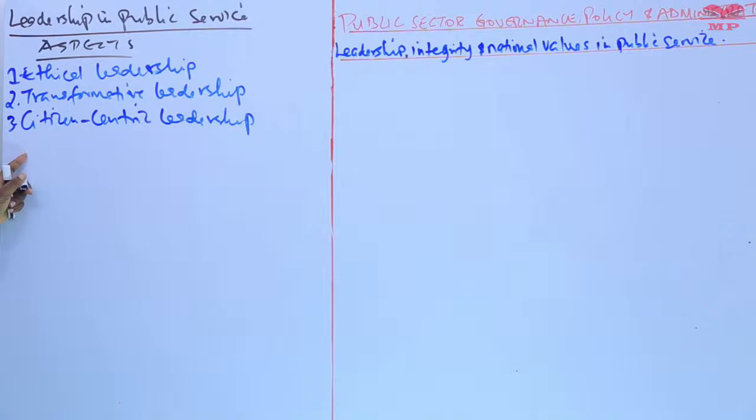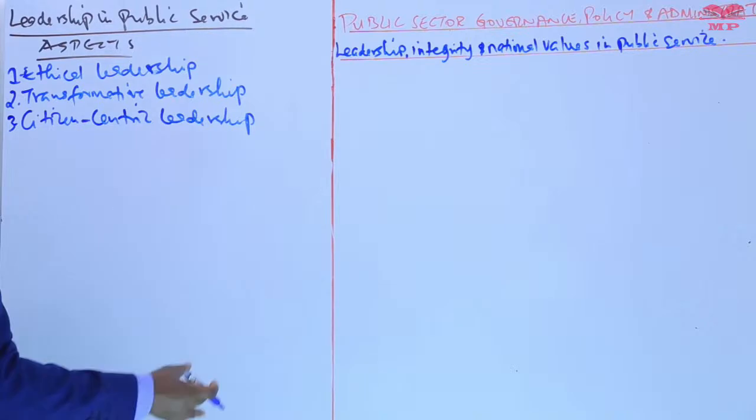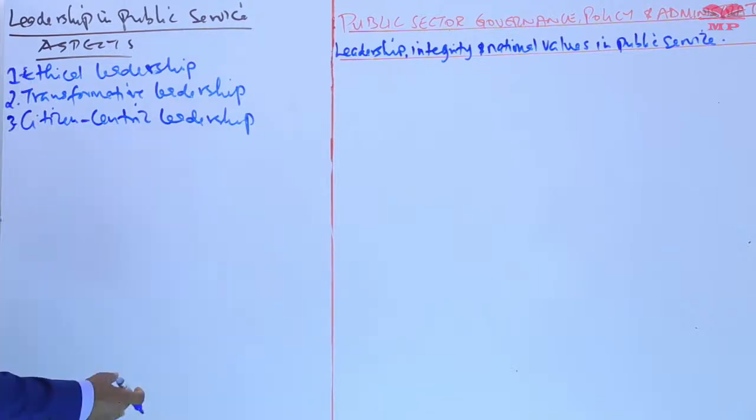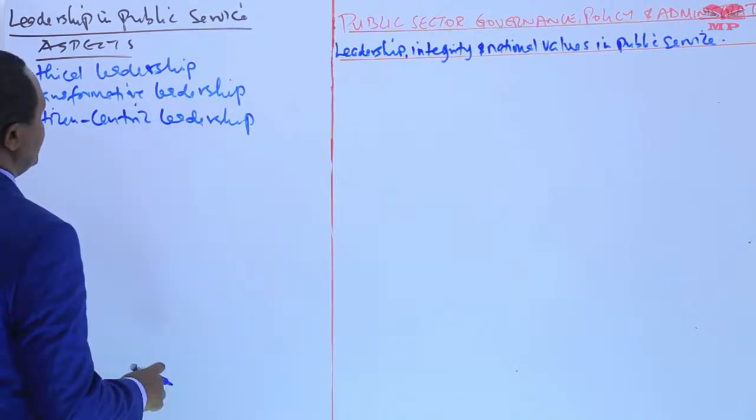So effective leaders prioritize the needs and interests of the citizens, ensuring that public services are accessible, affordable, and responsive to the diverse needs of the Kenyan population. And that involves active engagement with the communities and stakeholders to understand their concerns and their aspirations. Citizen-centered leadership is an aspect of leadership in public sector.